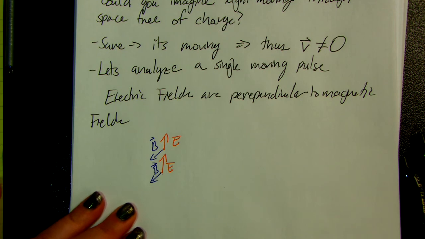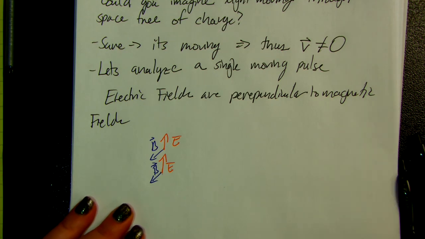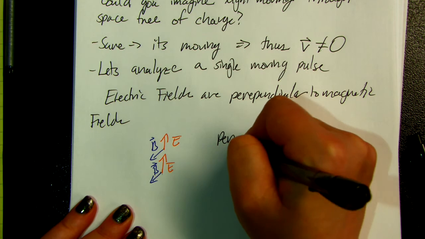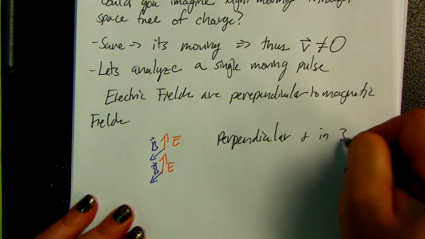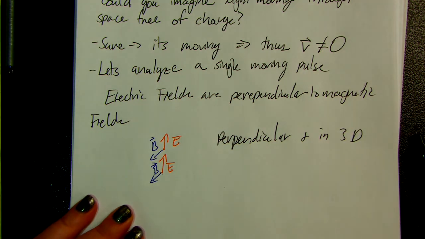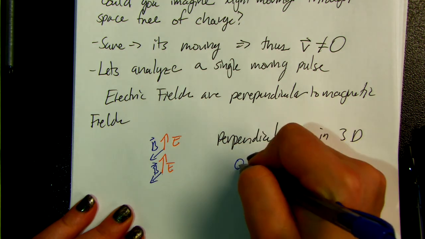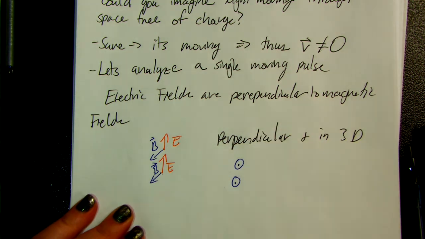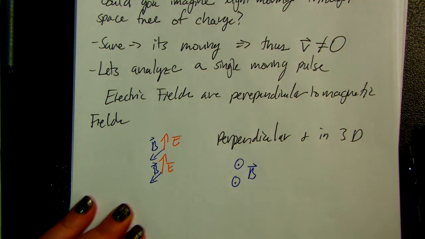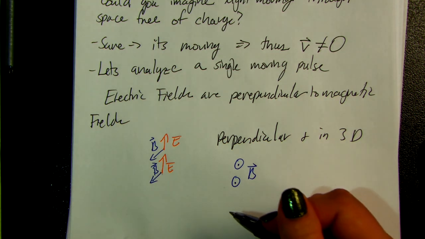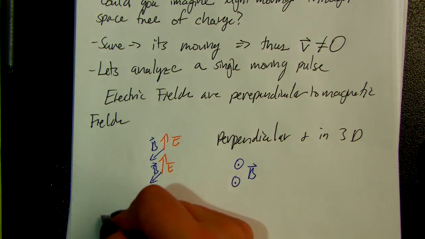So they're perpendicular to each other in 3 dimensions. B in this case is coming out of the board. So this would be our B, because 3D is hard to draw in general, and it's really not my strong suit.